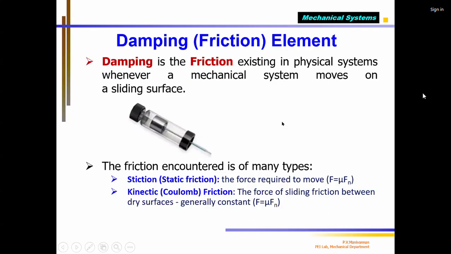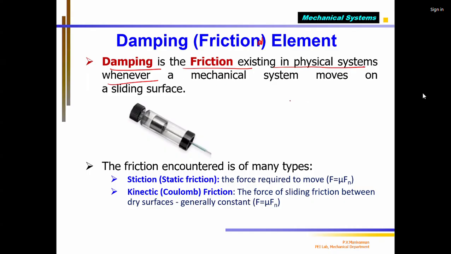Okay. The next element is what we call a damping element, also called a frictional element. The damping element is one in which friction exists between two physical components whenever there is relative motion.